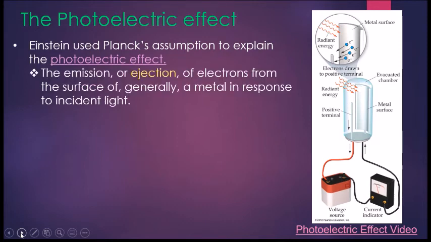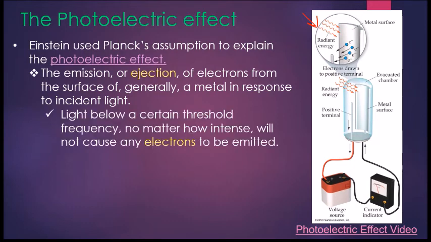So the emission or ejection of electrons from the surface of a metal in response to light is really what the photoelectric effect is. So that's what we're talking about here, is like shining light onto the metal, and electrons, of course, are getting ejected. And that's what is showing up here in this part of the picture. Okay, energy hitting the metal's ejecting electrons.